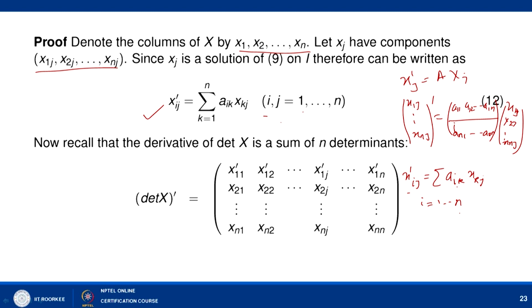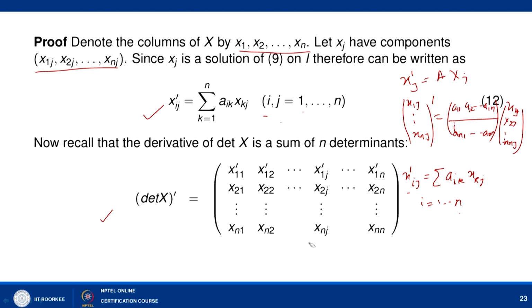Now, look at the derivative of the determinant of x, and the derivative of the determinant is nothing but the sum of n determinants. In the first, we differentiate the first row, that is x dash 11, x dash 12, x dash 1j and x dash 1n. So, this is your first column x1, this is the second x2, and so on.